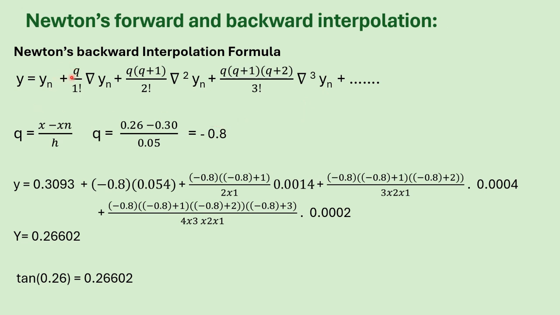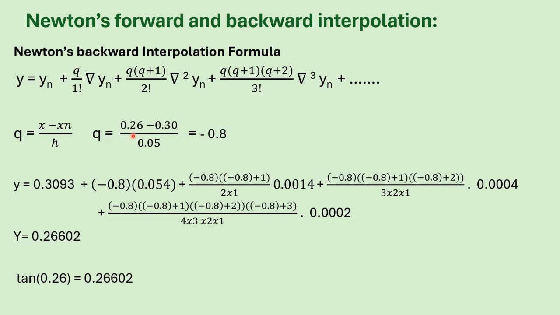Here q is equal to x minus xn by h. x is the value to be interpolated, xn is the last value.